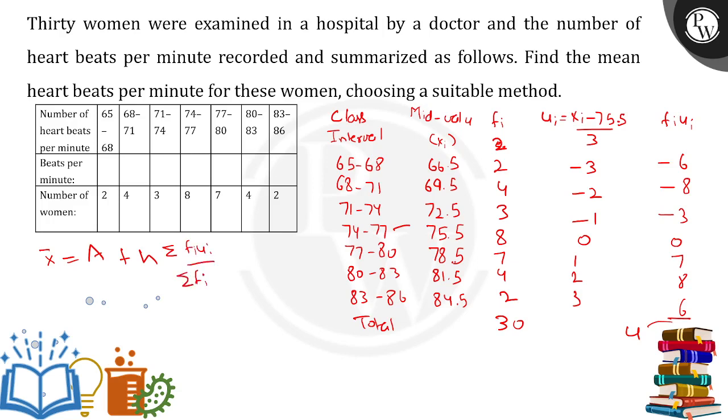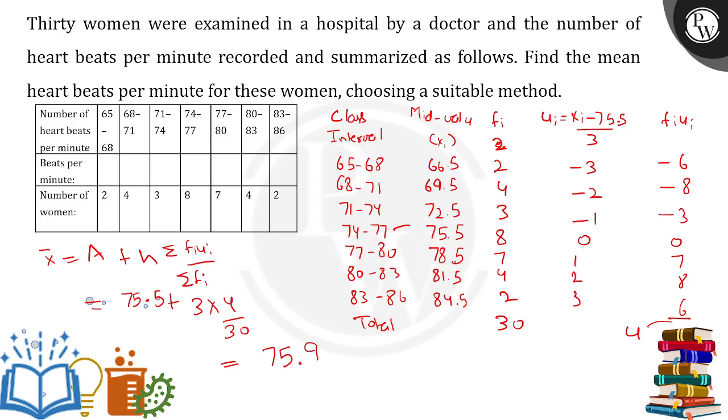We put in all the values which we have. A is 75.5, plus h, the difference, which is 3, times the total part which we have calculated, 4 by 30. When we add up this entire thing, it will come out to be 75.9.